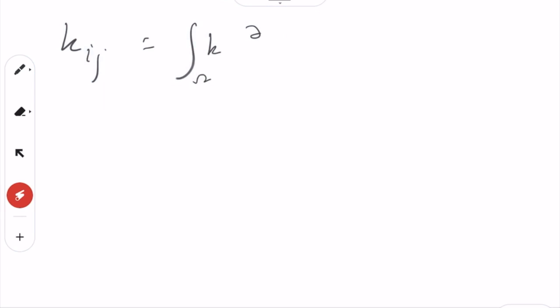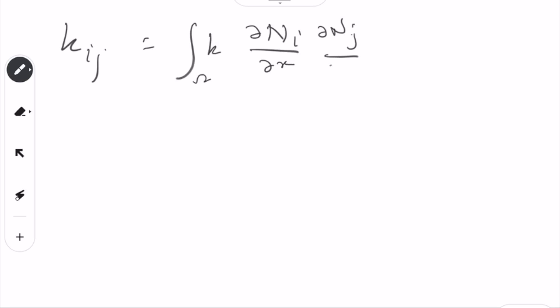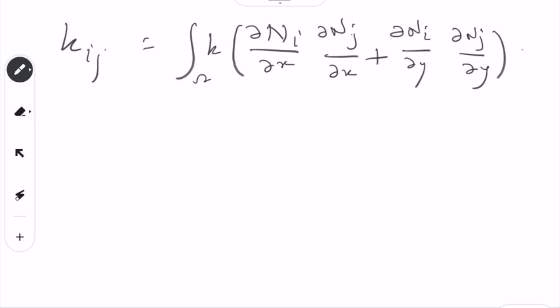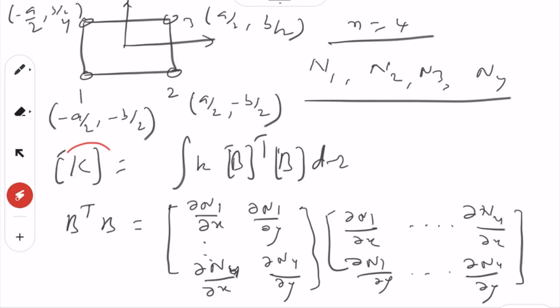So in general this becomes del ni del x del nj del x plus del ni del y del nj del y, all integrated over d omega. This is how kij can be found out, where kij is a part of this.